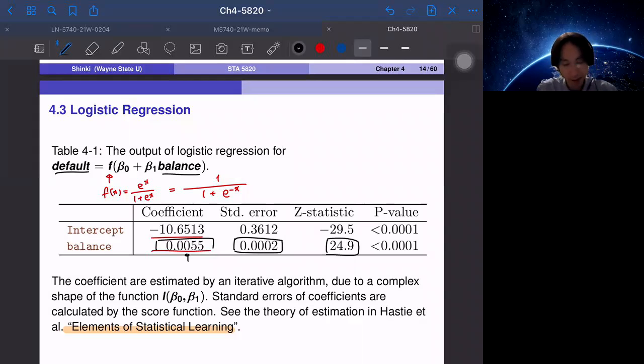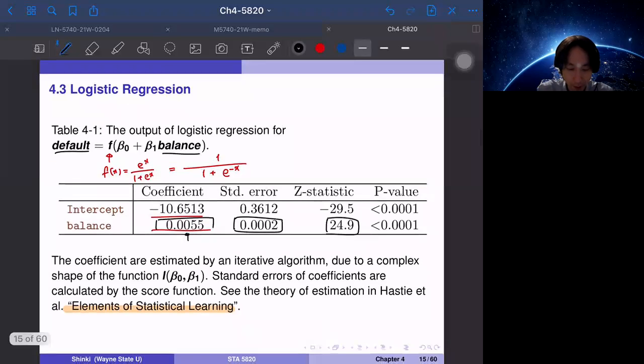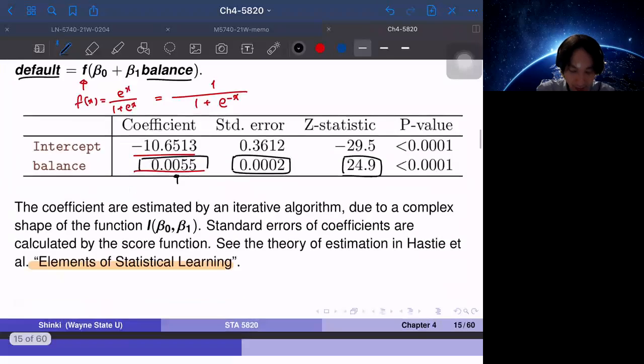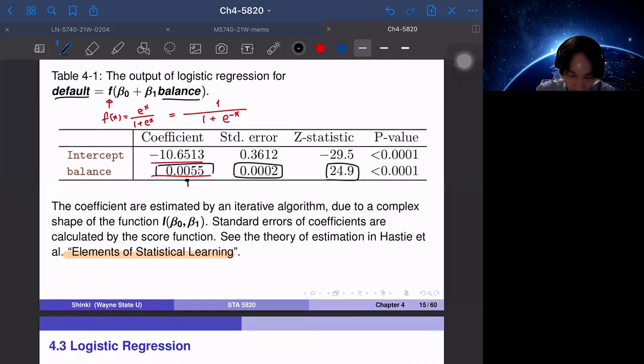Percent does not mean anything here, but the log of odds ratio gets 0.0055 larger. So higher balance, the higher default probability. Here success is default and failure is not default in statistical wording.